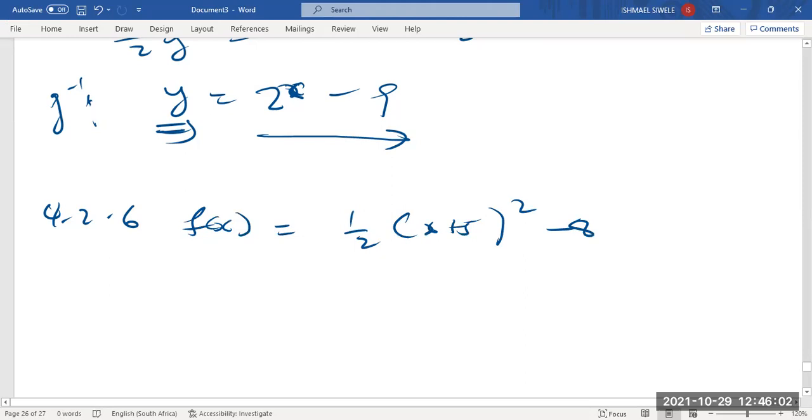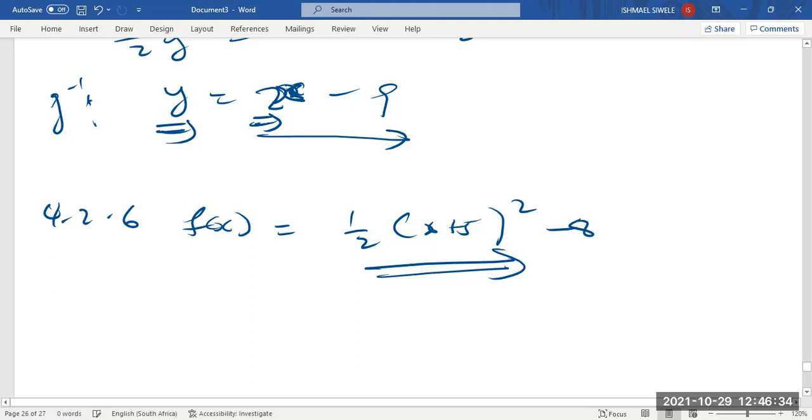Now the examiner is saying to us, if this thing here is a tangent, okay? With it being a tangent, we know that the gradient of a tangent, since we know this is 2x, the gradient of a tangent, which is 2, is equal to the first derivative of the graph, right?